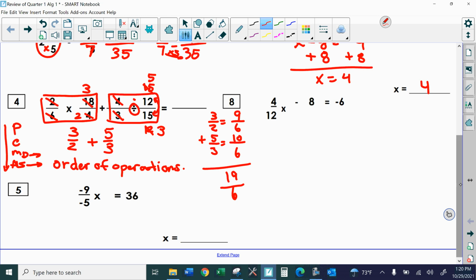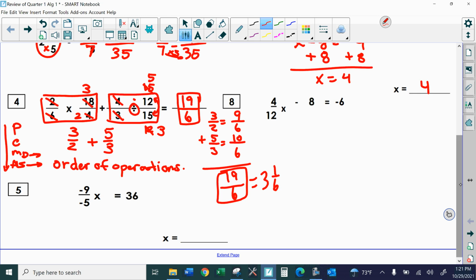Remember, the denominator stays the same. And so there's my answer. If you want to change it to a mixed number, you don't have to. 3 and 1/6. Okay. So 19/6. If 19/6 simplified, I would need to simplify it. It does not. Okay, number 8.